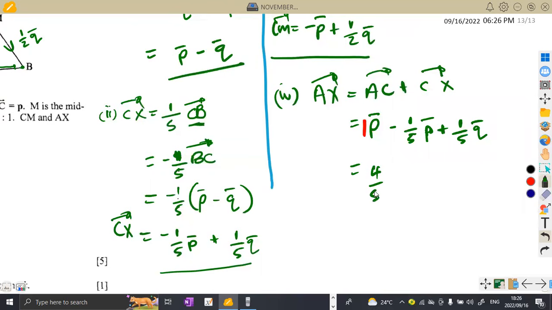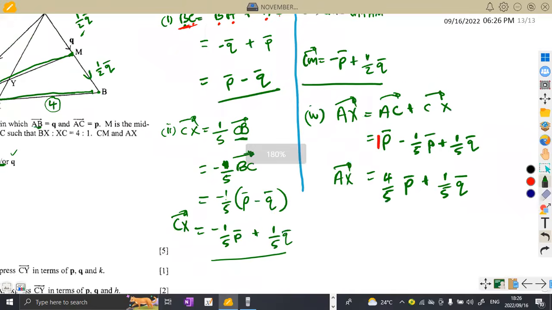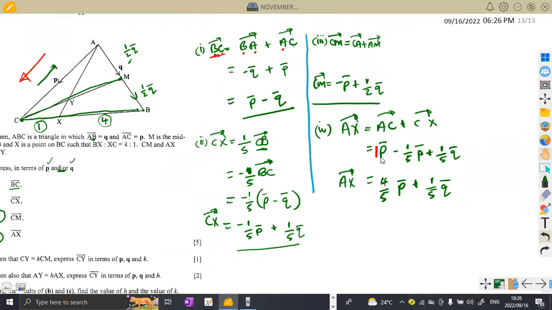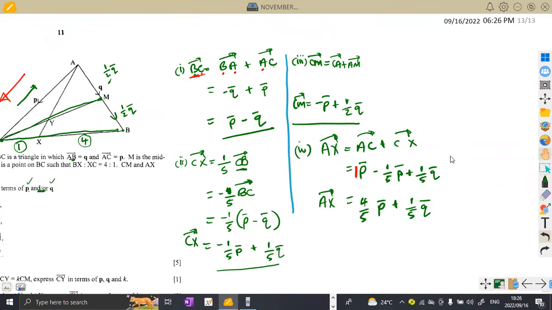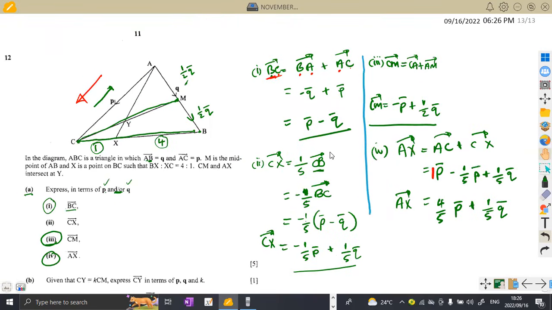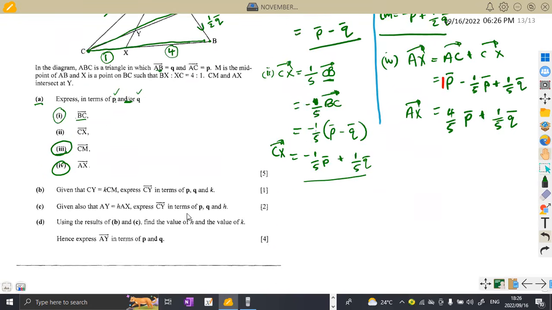So that's 4/5 vector P plus 1/5 vector Q. Okay, so this is your vector AX. And make sure that the first part of the vector, you write all things clearly on this first part. Make sure that everything is clear, because it's going to affect the other answers that you're going to have. Okay, anyways, let us see the other part.